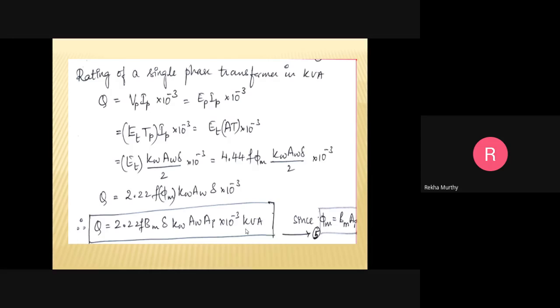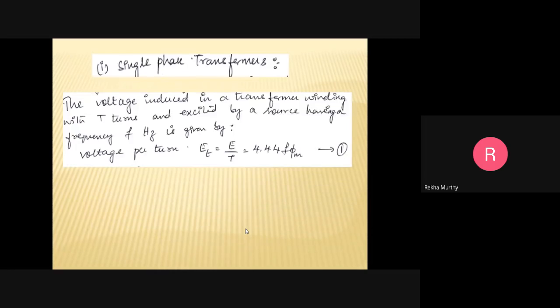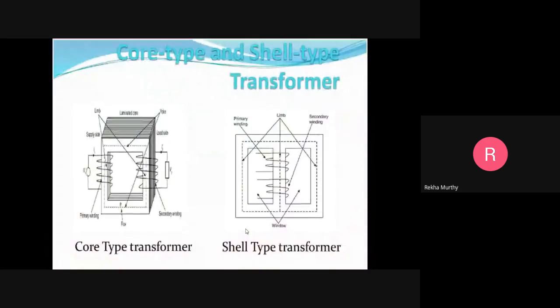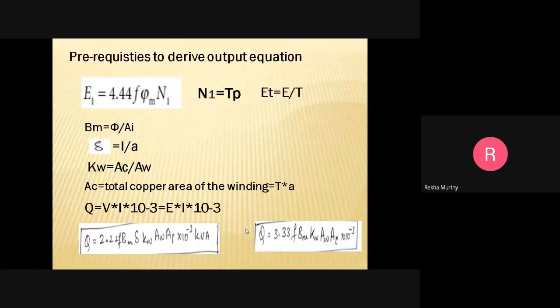Then what is the new formula which you have gone through? Flux density you already know.